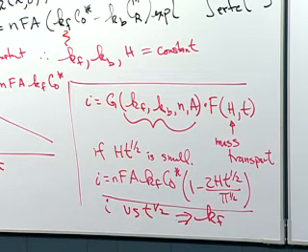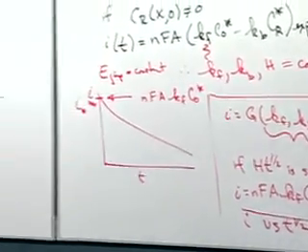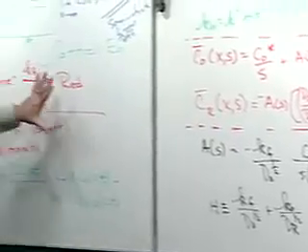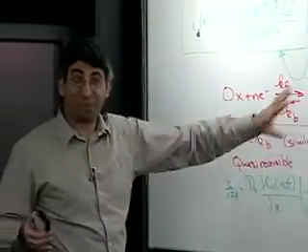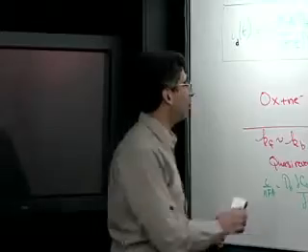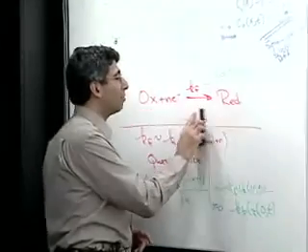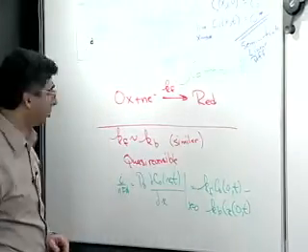Okay, now let's make life worse, or better, depending how you want to look at it, and say, okay, we're kinetically limited, but now let's move out of the regime of quasi-reversible and go to irreversible. That is, let's make one of our rate constants much larger than the other rate constant.